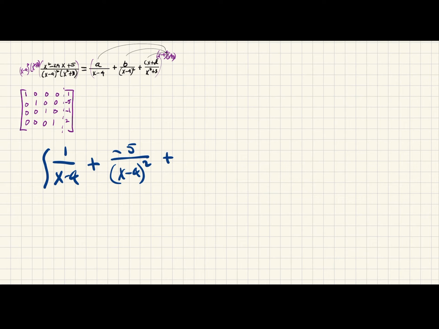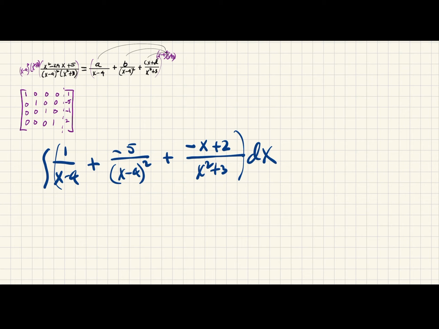Plus our value of c, that's negative 1x, plus d, that's 2, over x squared plus 3. So that now is what we'll integrate.